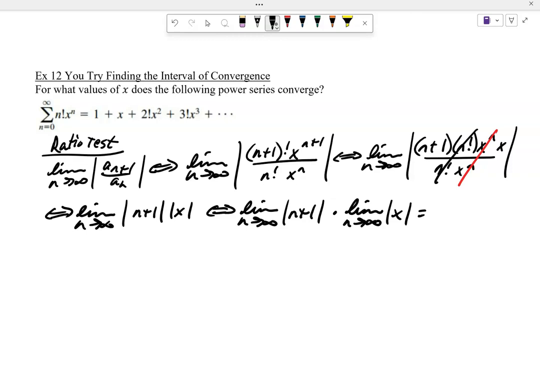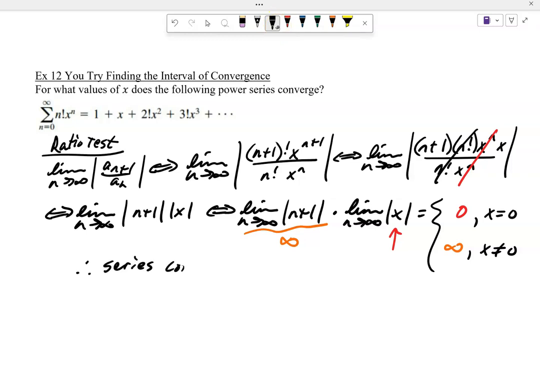Well, this is infinity here, right? So we're going to be infinity whenever x is not 0, but if x actually is 0, then we'll be 0. Therefore, this series converges only at x being 0. It diverges otherwise.